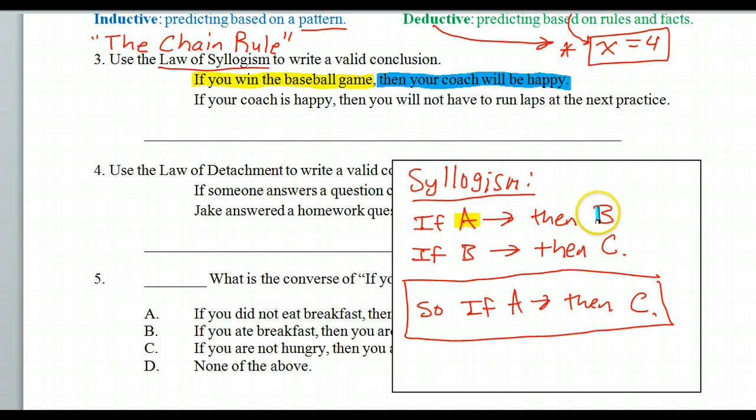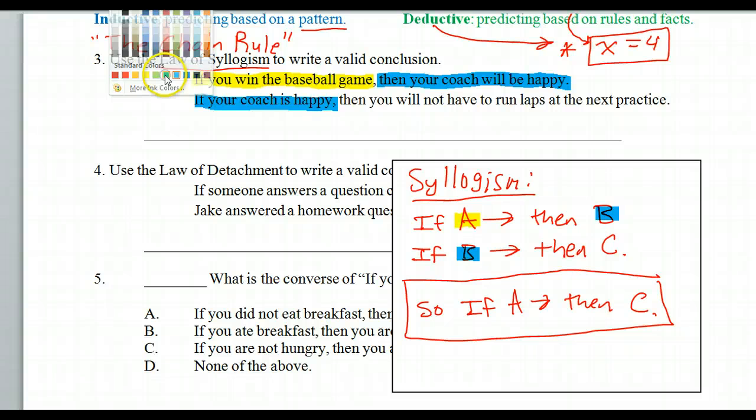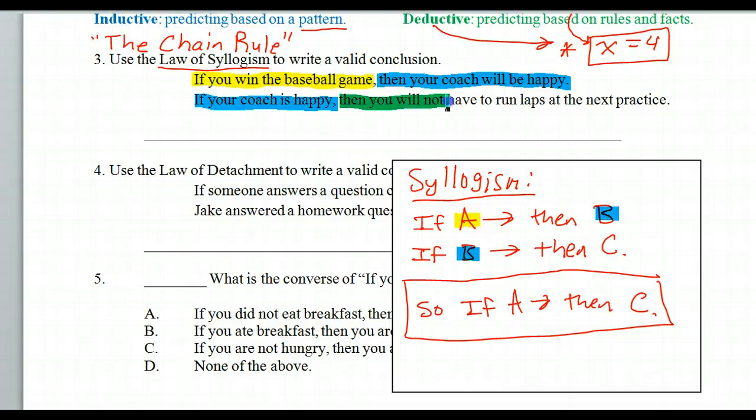So that's sort of like B. If your coach is happy, there's your B again, then you will not have to run laps at the next practice. That's like our C.